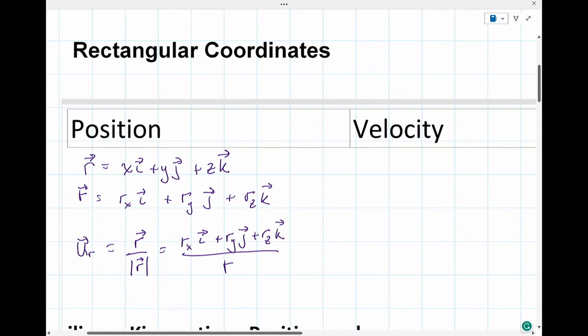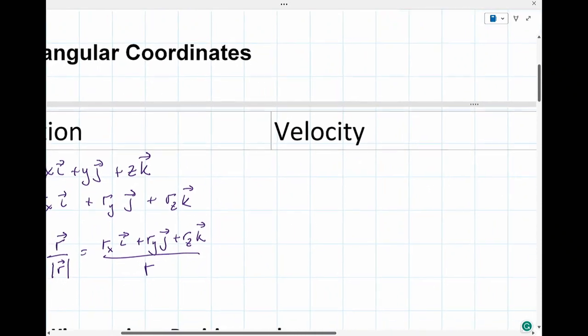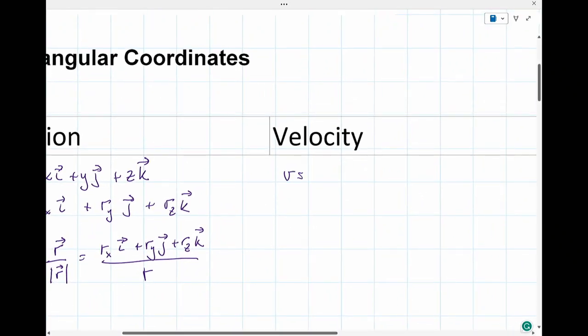So I have position from that. If I have position, I can then take the derivative and do the same thing.